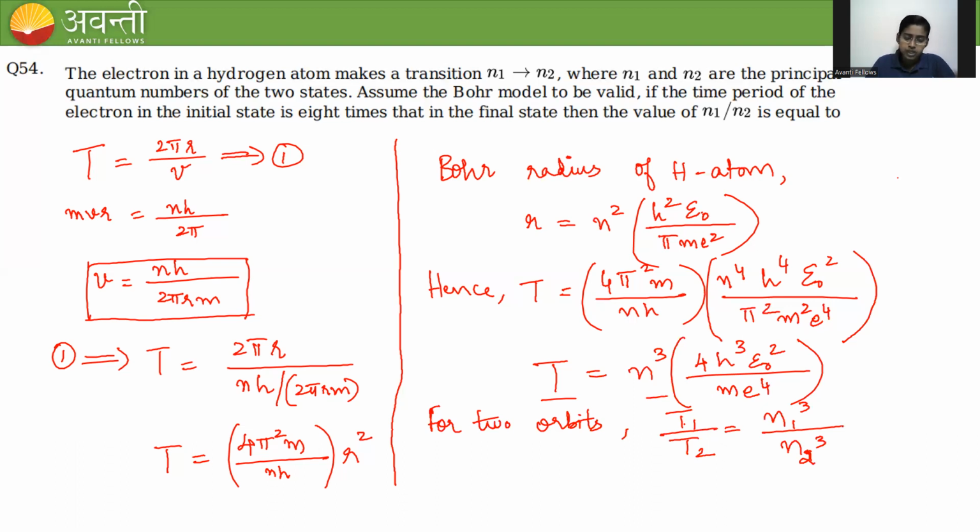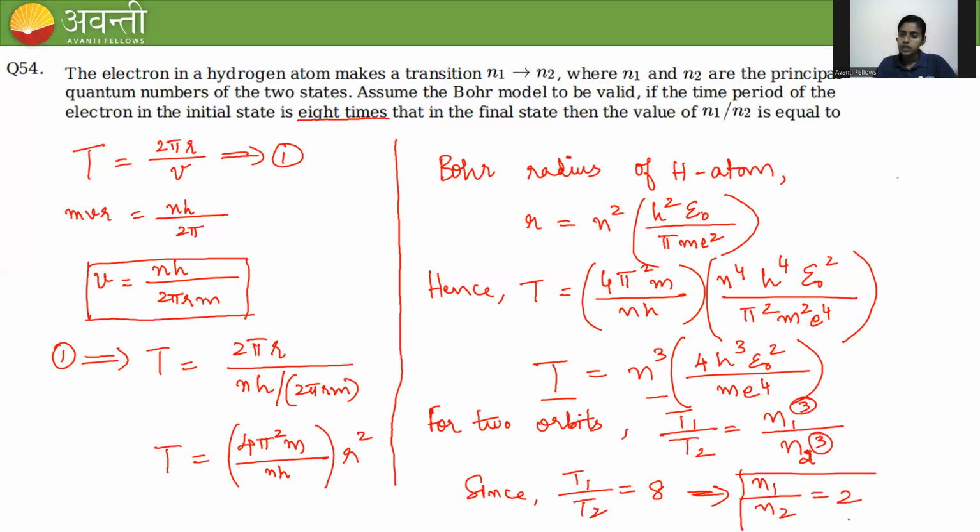Since T1 by T2 is equal to 8, because it is given that it is 8 times that in the final state, right? So it is equal to 8. So n1 by n2 to the power 3 will be equal to 8, so n1 by n2 is equal to 2. So 2 is the ratio for n1 by n2.